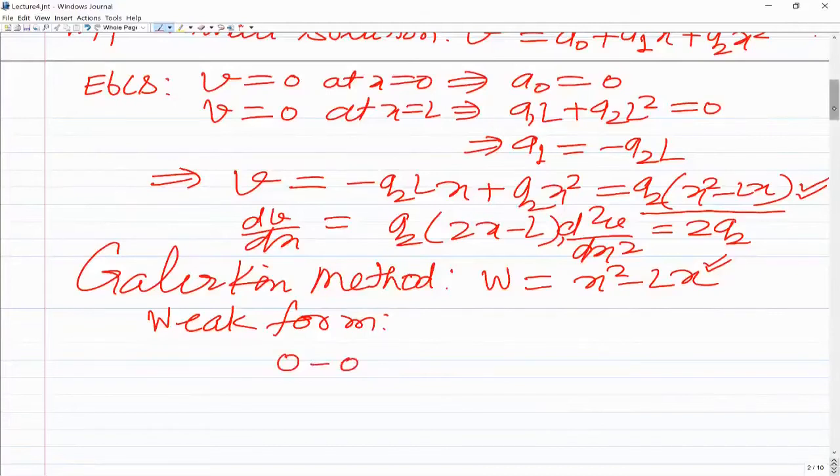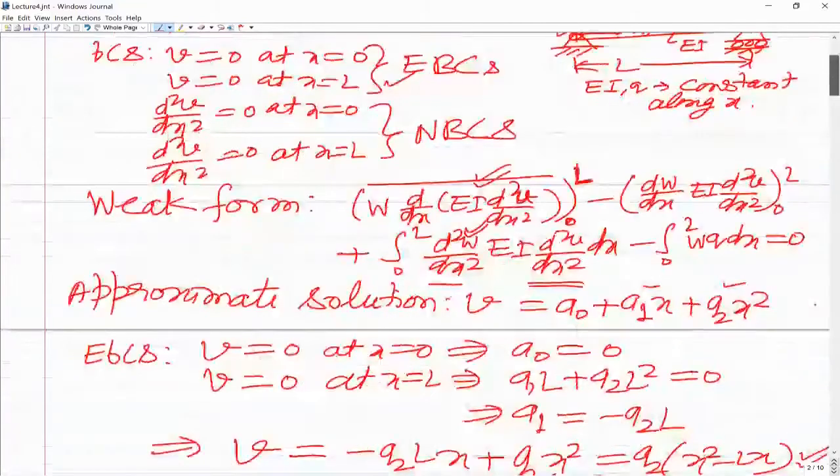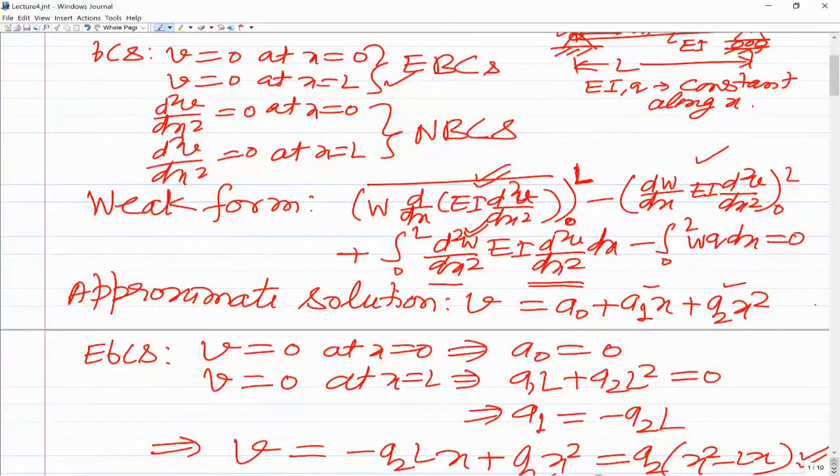Now if you look at the second boundary term, we have seen in the boundary conditions that as far as the essential boundary conditions are concerned, we satisfy them before substituting the approximate solution in the weak form. But now comes the natural boundary conditions.